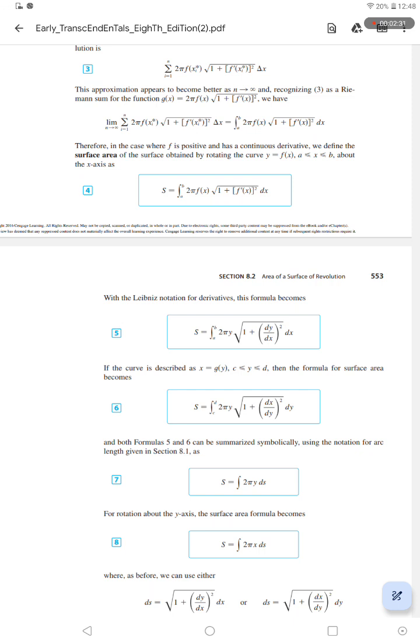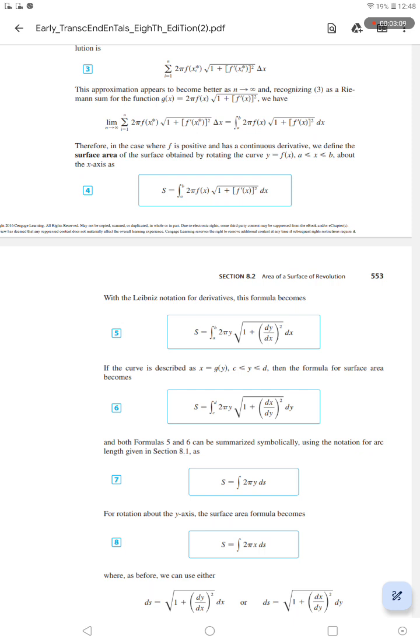If the curve is described as x equals g of y, c is less than or equal to y, and y is less than or equal to d, then the formula for the surface area becomes equation 6. Big S equals the integral from c to d of 2 pi y times the square root of 1 plus dx over dy squared dy.